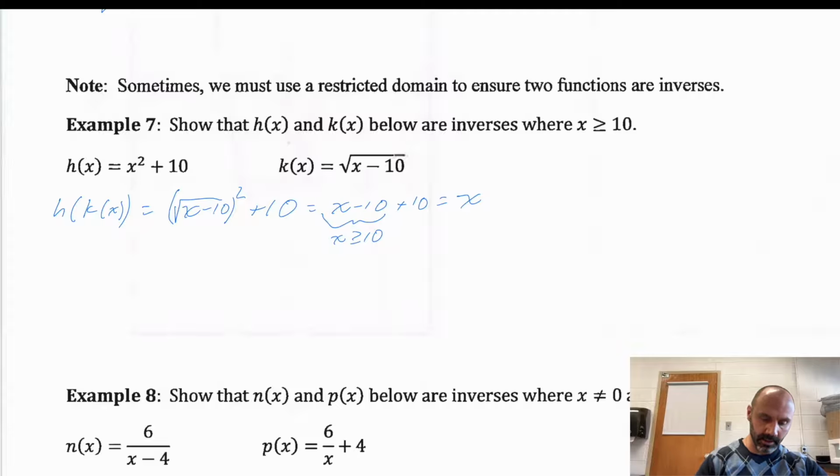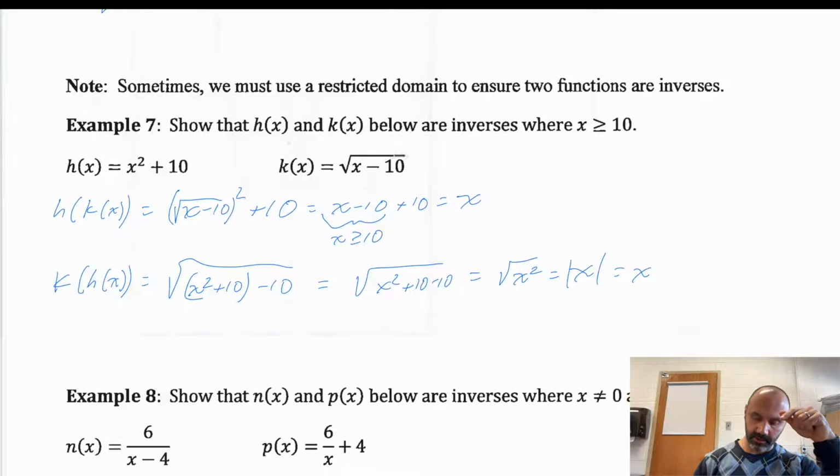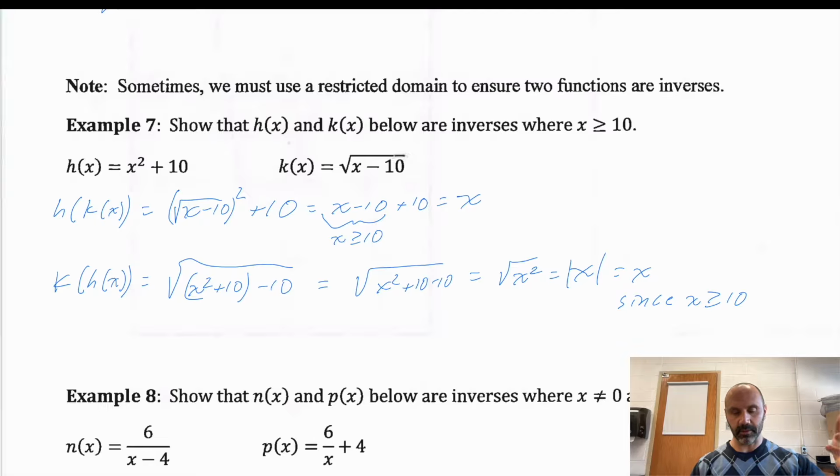Now we do k of h of x also. Okay, and here I get the square root of x squared, which is the absolute value of x. But since x is greater than or equal to 10, I know that the absolute value of something greater than or equal to 10 is just going to be the value of what it is originally. Okay.